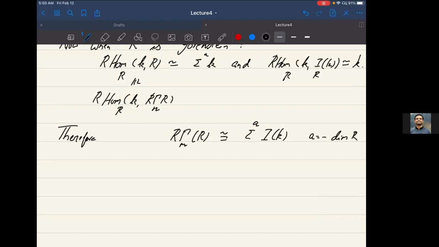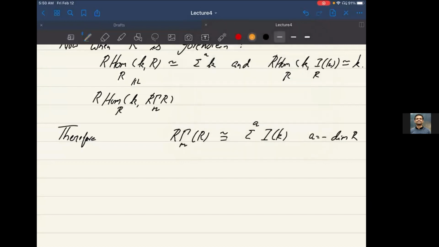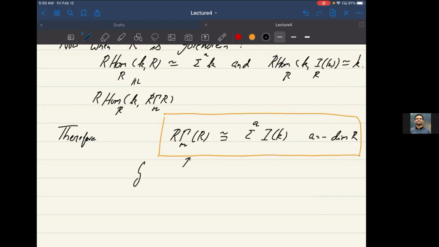So this result here is what sometimes one might call local duality. This is Grothendieck's local duality. Suresh already talked about Grothendieck local duality, and one can prove the version he stated using this isomorphism here.